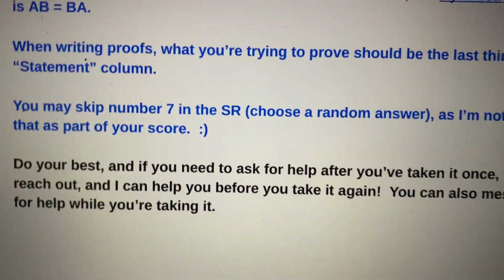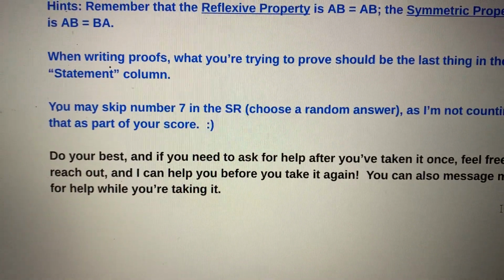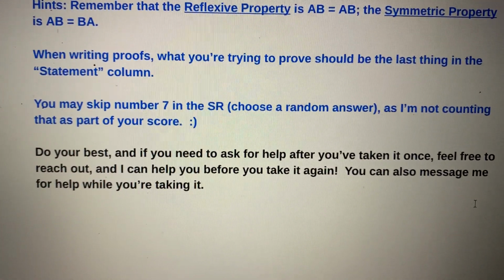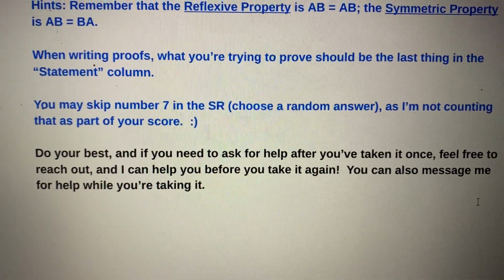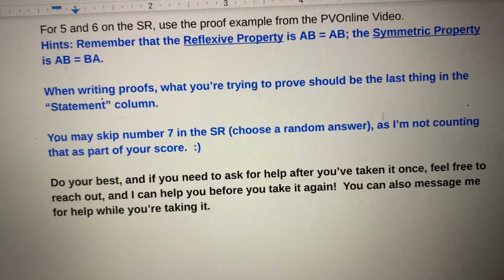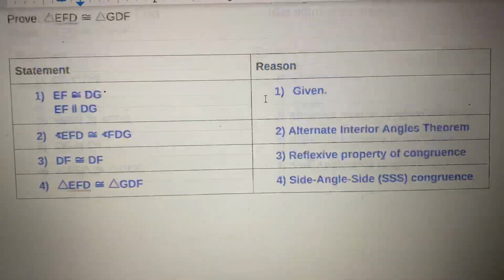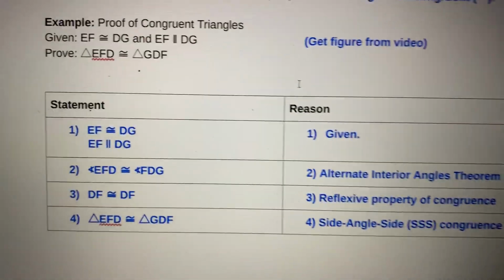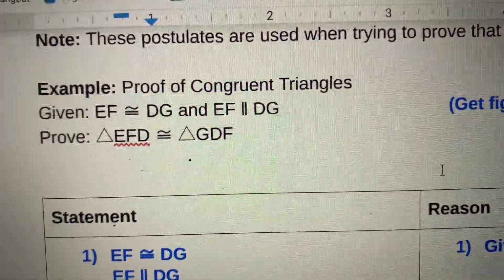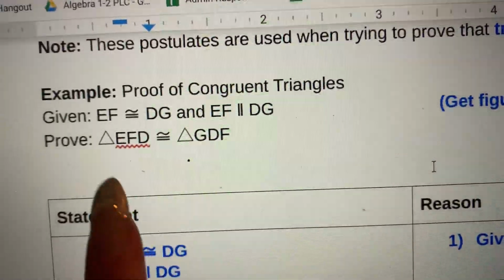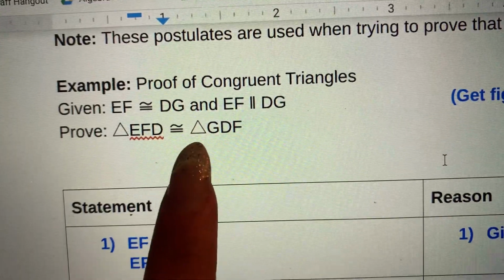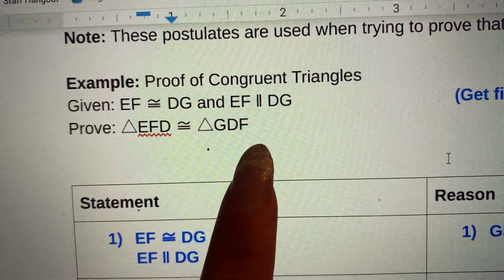When you write a proof, so that's what you're going to be doing in number 6, what you are trying to prove is going to be the last statement in your column. So let me show you an example from the notes, which are up here. Notice that in this example from the PV Online video, we wanted to prove that triangle EFD is congruent to triangle GDF.